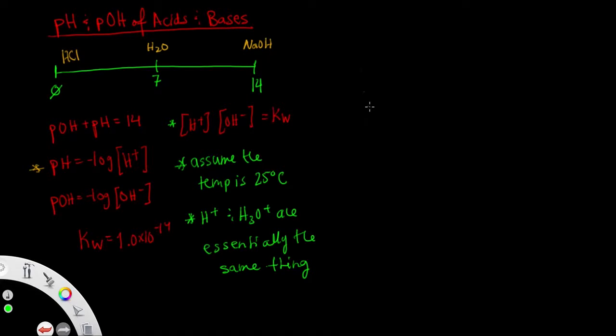And it asks us the pH of some solution is equal to 5.53. So we know that it's slightly acidic. We know that it's on the acidic side. It's lower than 6.